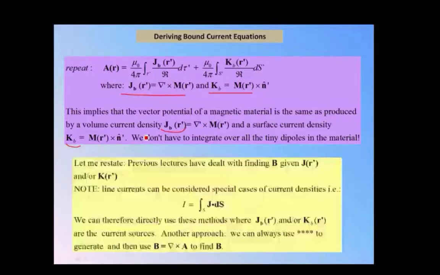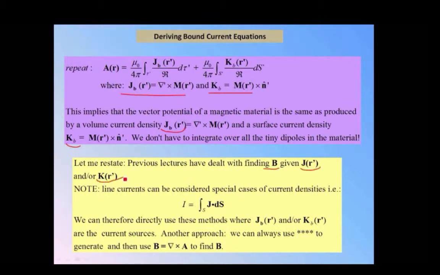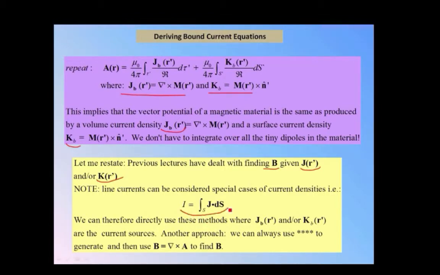The other thing is that from the previous lectures, we've dealt with finding B given a free current density and a free surface current density. If you remember, the line currents can be considered a special case of just current densities. In other words, I is the integral of J over a surface. This surface is not the surface of the tau.